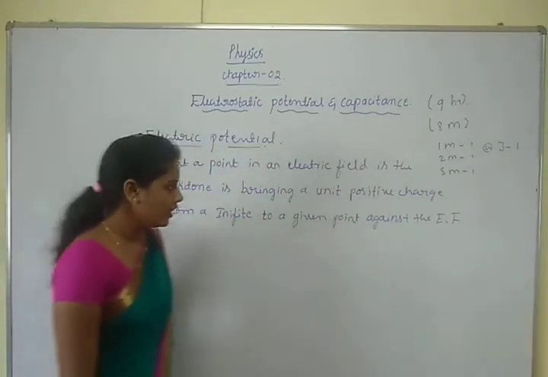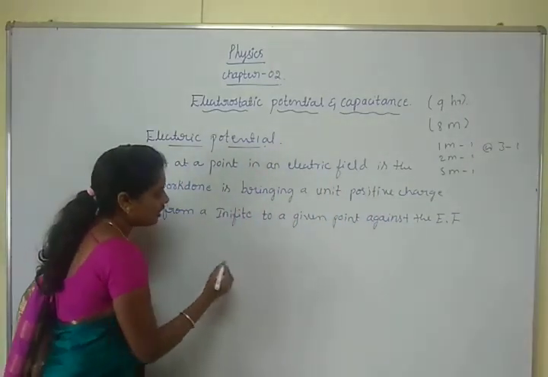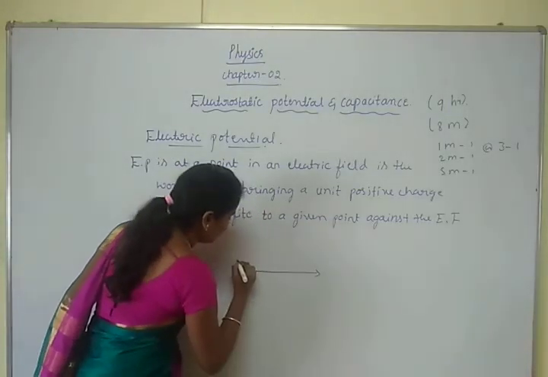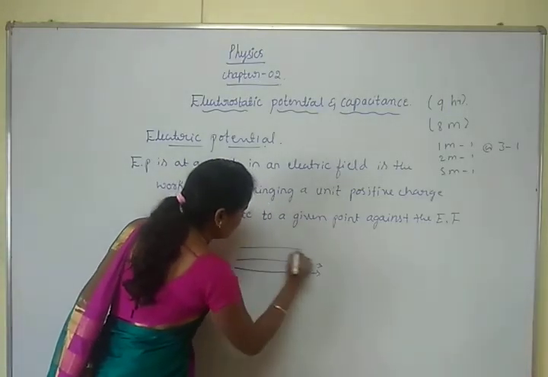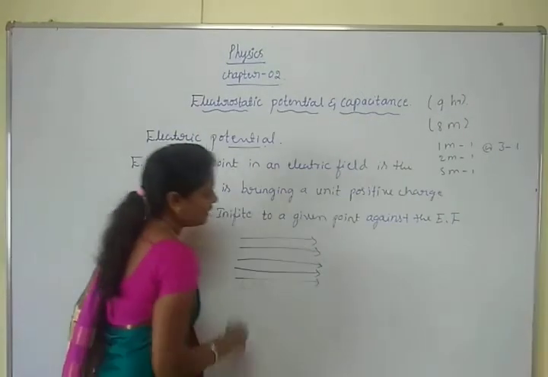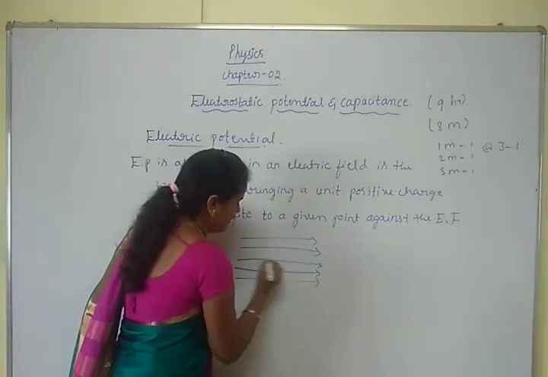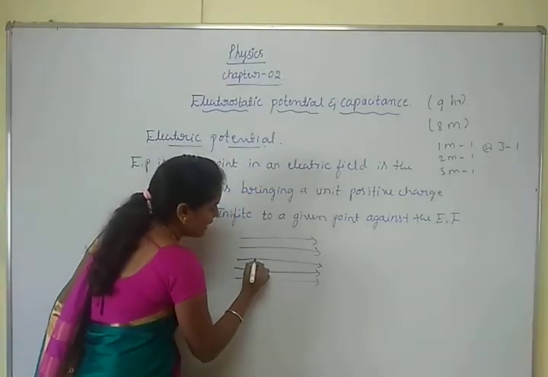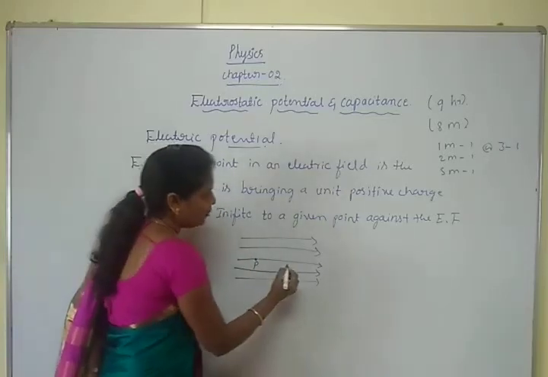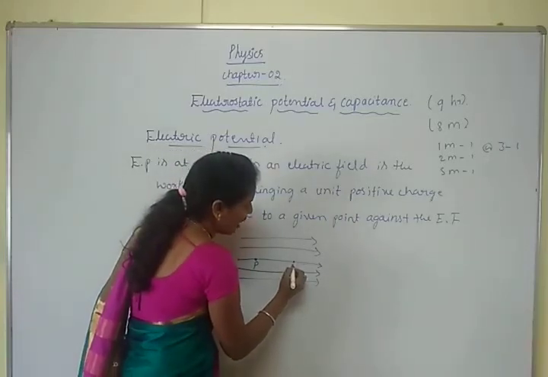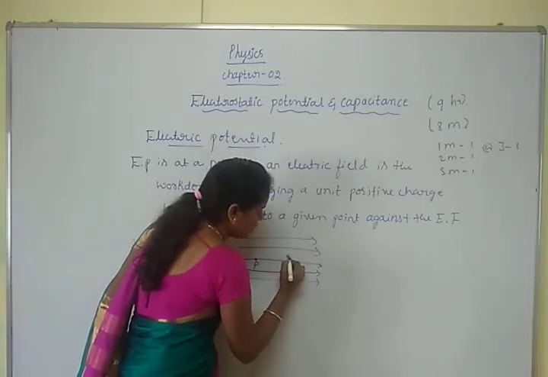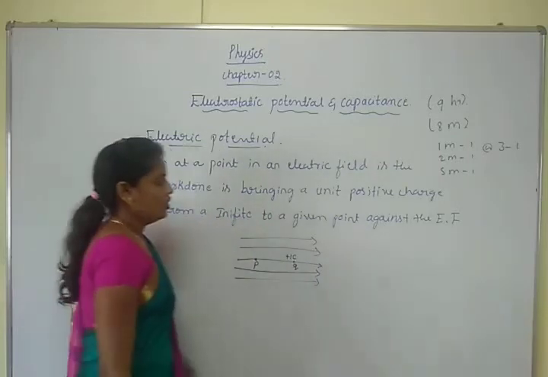Let us understand this concept. Consider a uniform electric field like this. I just consider one electric field line here. I choose a point, this is point P, and place a positive charge Q, that is plus 1 coulomb of charge.